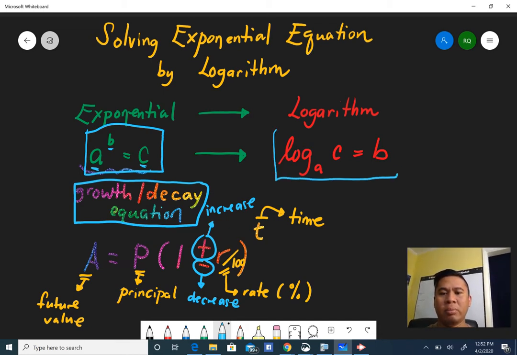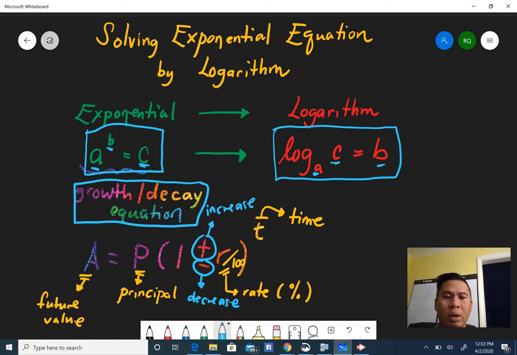That's logarithm base a of c is equal to b, which means that the base number a will be the base subscript a in the logarithm. The exponent b will be our answer for the logarithm, and the answer c in our exponential will be the value c in here on our logarithm.